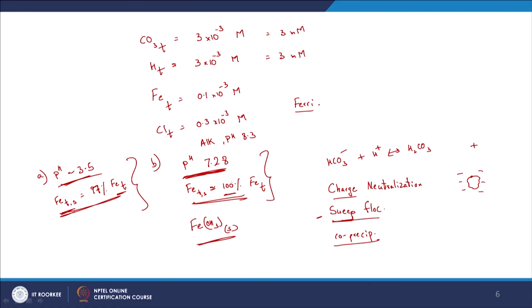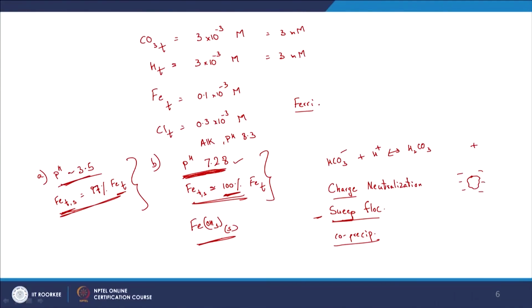Why is that? Because if you keep adding OH minus, sweep flock won't be affected, because even at 7.2 pH we had 100% precipitation of the iron. So for sweep flock there should not be any further change even if you increase the pH. But what happens if you keep increasing the pH from 7.2?